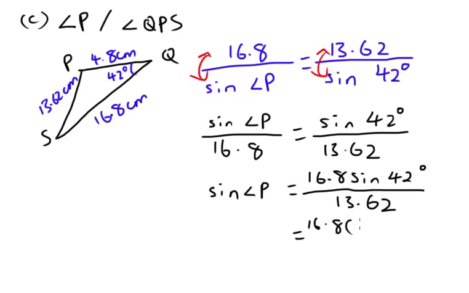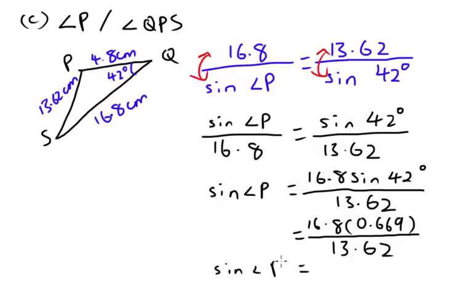So sine 42, what do you get for sine 42? You get 0.669 over 13.62. And you can use your calculator to help you get the answer now. 16.8 times 0.669 and then divide by 13.62, and then you will get the answer as 0.825.